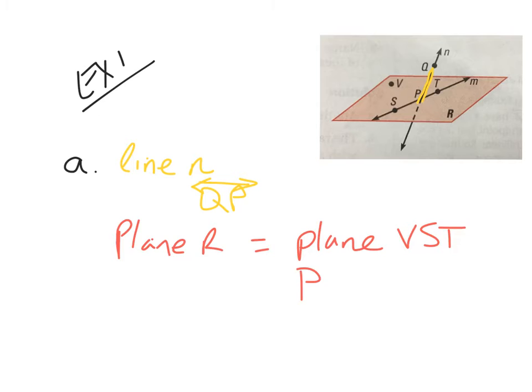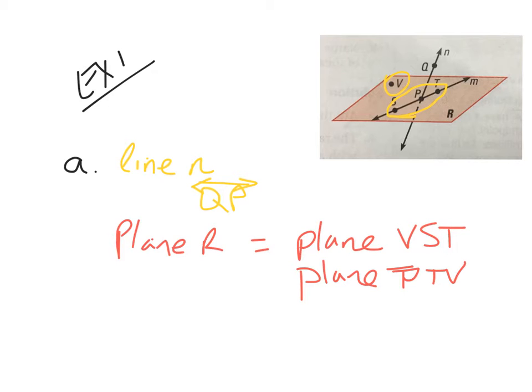Or you can even choose P, so you could say PTV, just any 3 points that are on the plane. Good. You'll notice when they named the plane, they're very careful not to just pick these 3 points here, because they're on a line. So you kind of always want to grab the outlier when you're talking about the plane.